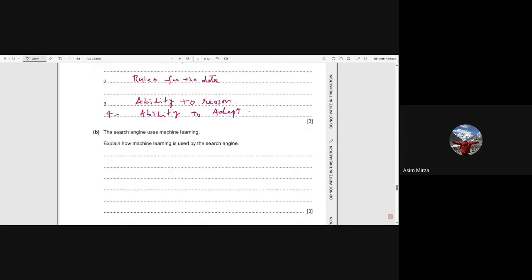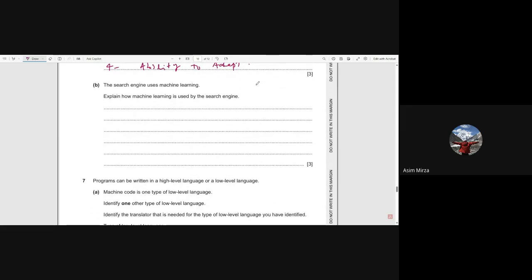It says the search engine uses machine learning, right? Okay. Explain how machine learning is used by the search engine. Number one, how machine learning is used by the search engine.